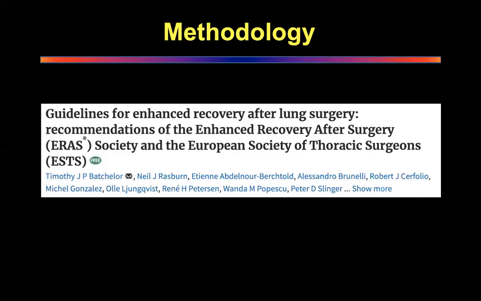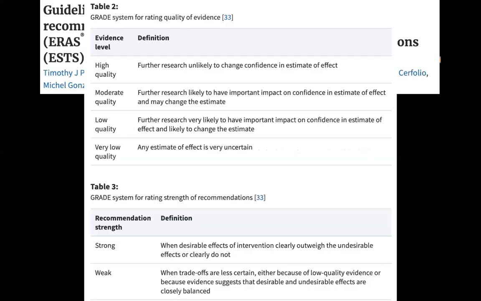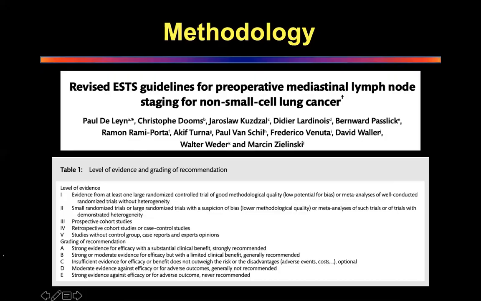Now, if you look at this other paper, which is the ERAS paper from the society website, they have used a completely different grade of recommendation. Okay, they have looked at the level of evidence here, but their grading of recommendation is strong and weak. So I want you to be aware that there are different levels of recommendation available out there. If you know the A, B, C, D, E, which this paper has used, that's a good one.